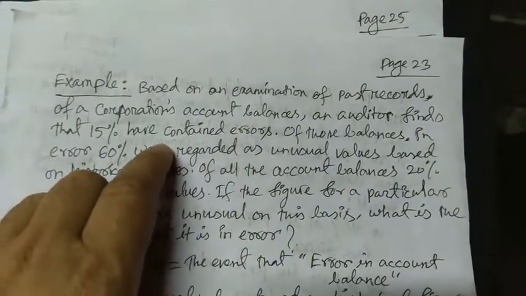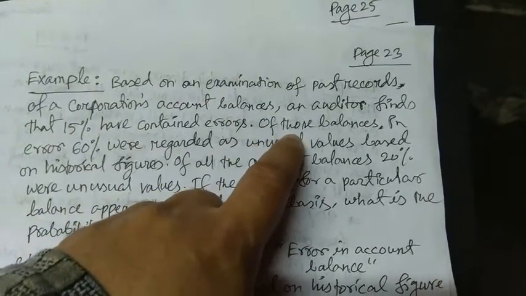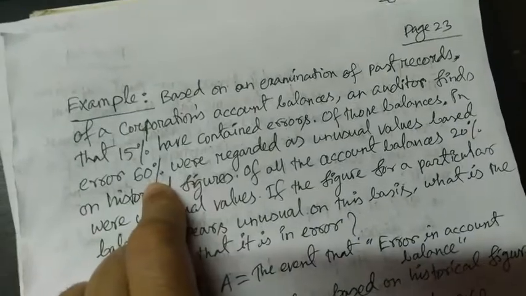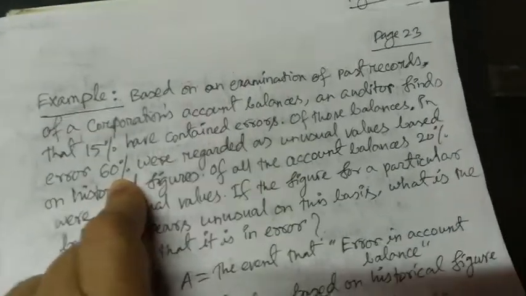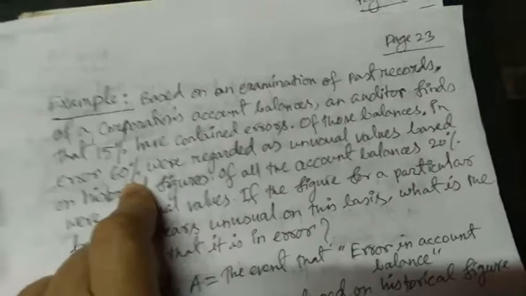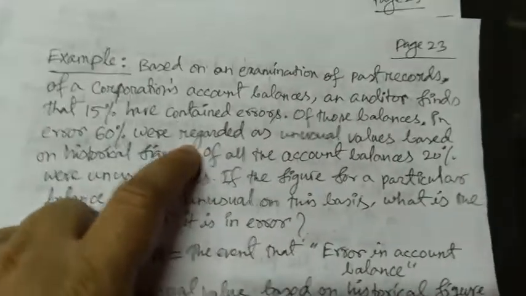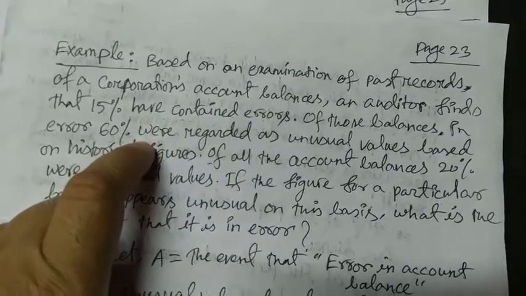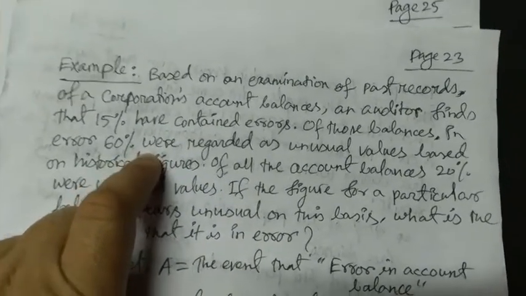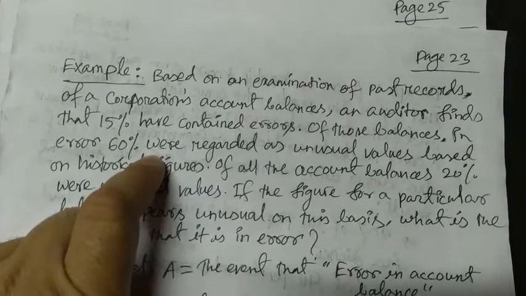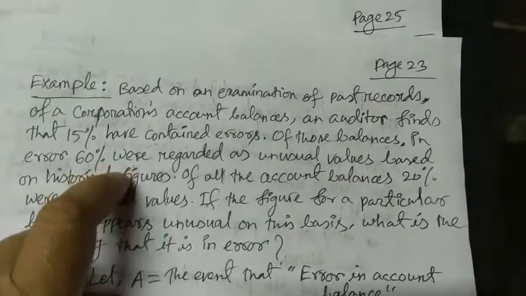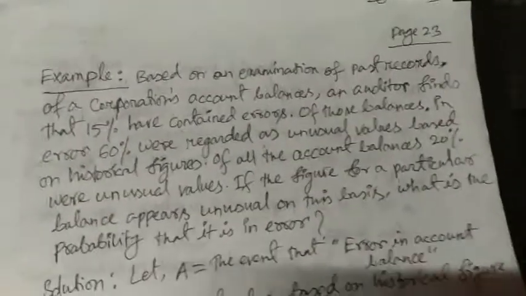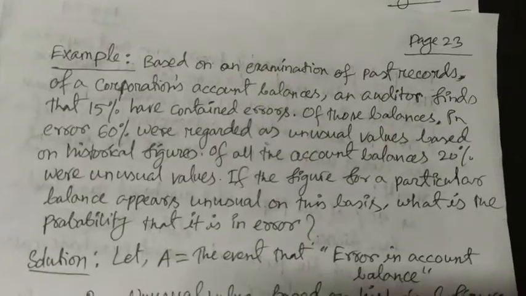Next one is saying that of those balances in error, that means out of those wrong account balances, 60% were regarded as unusual. So that means 60% is the probability of getting unusual values in the accounts out of those accounts found in error.